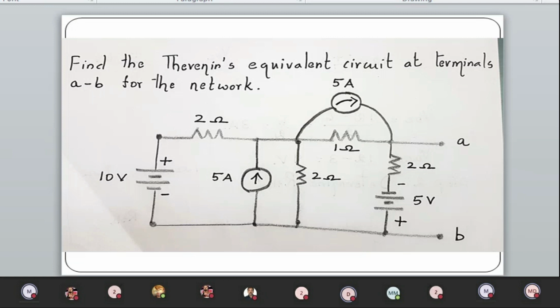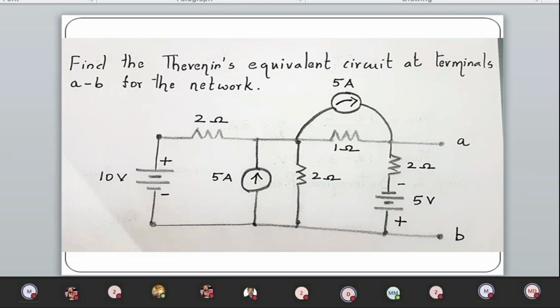So the primary aim of Thevenin's theorem is to convert a complex circuit into a simple circuit with a voltage source in series with an equivalent resistance. So in other words, you are converting a complex network into a voltage source. That's all. Right.